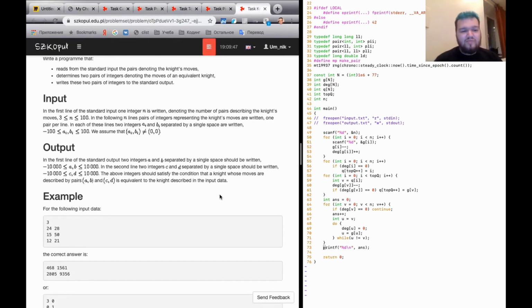I will repeat once more. We want to find the master move with the smallest possible y coordinate, which will be equal to the GCD of all the y coordinates from starting moves.